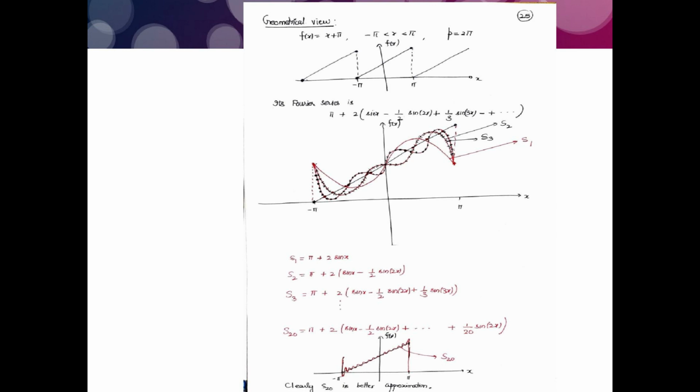If we draw s20 from minus pi to pi, this is the graph, and in black color I have the graph of my actual function, and you can see that s20 is much better than s1, s2 and s3. So as we increase the number of terms in approximation, finally the approximation will tend to the function f of x.